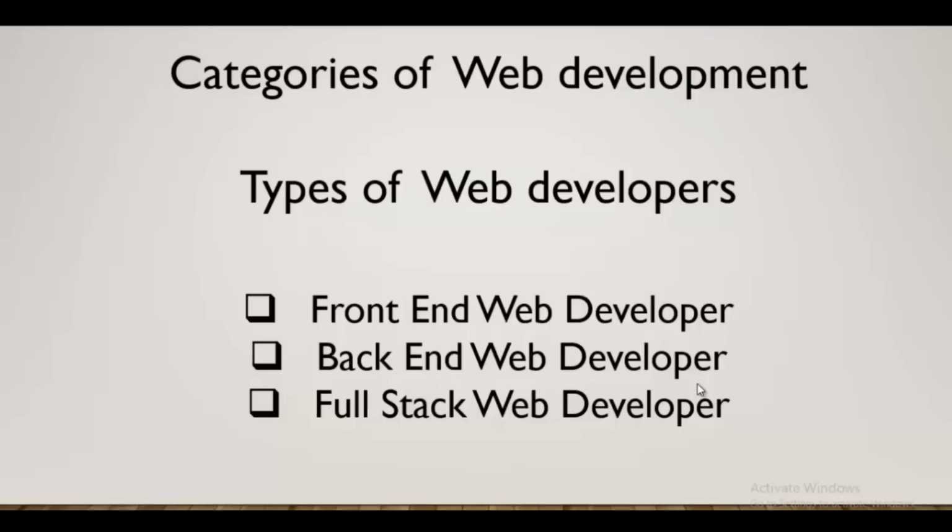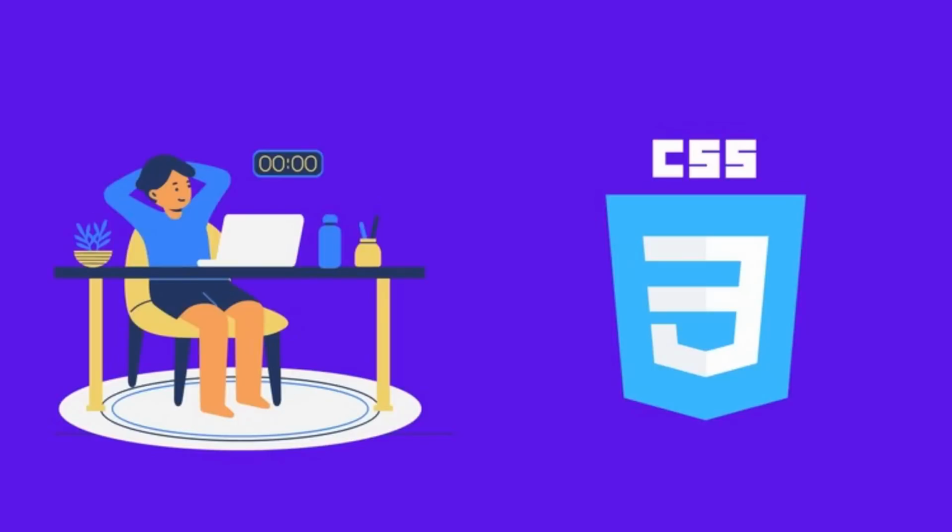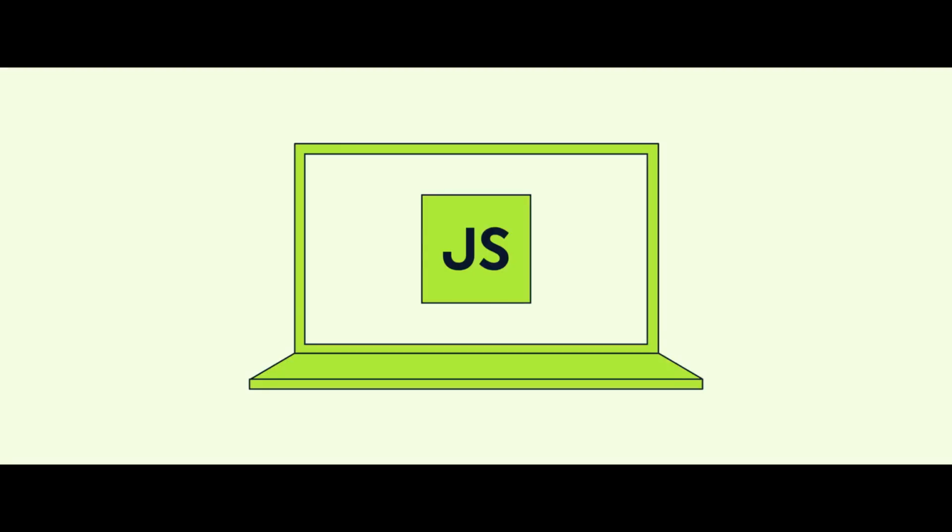Front-end developers use technologies like HTML, which is hypertext markup language, all right, CSS, cascading style sheet, and JavaScript to create visual elements and interactivity that the user sees and interacts with in the web browser.